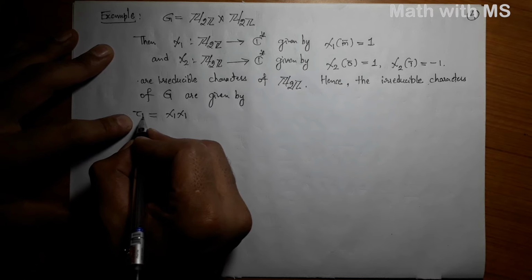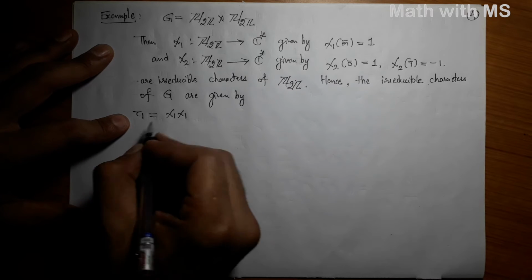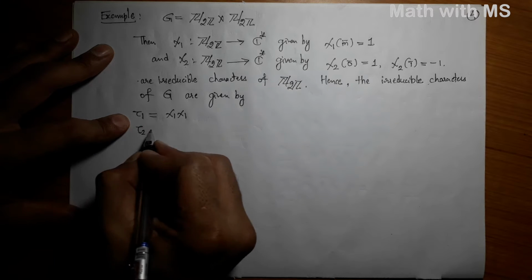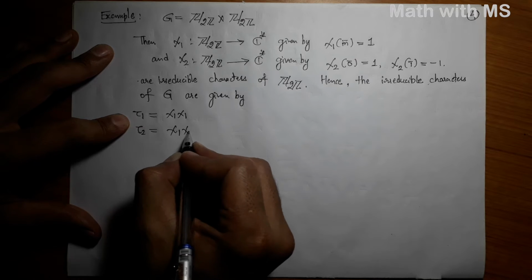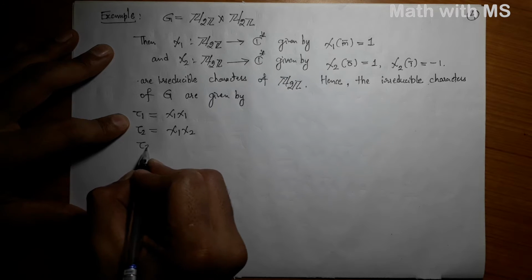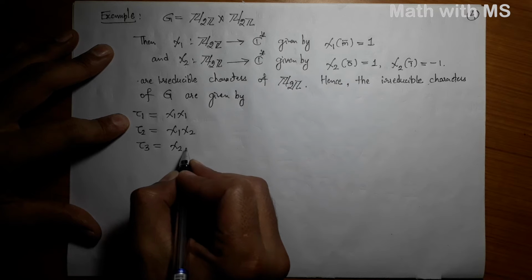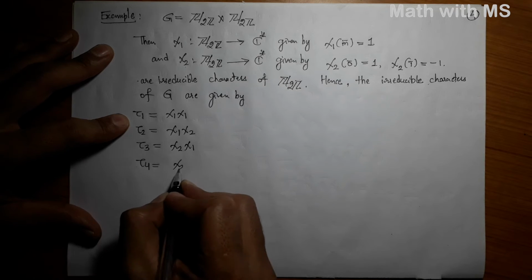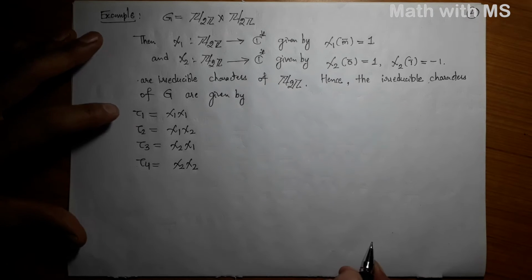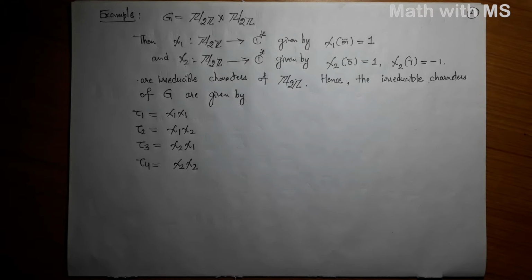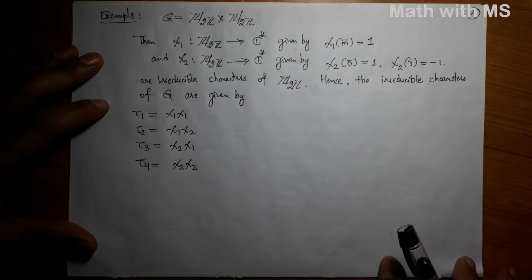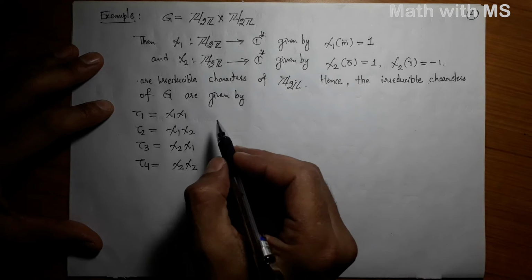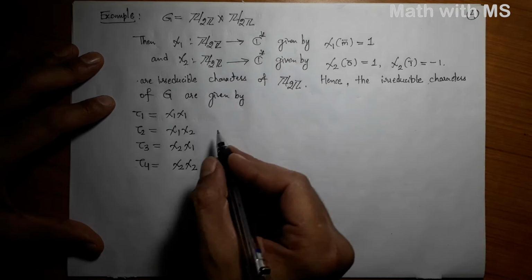So take tau 1 to be chi1 chi1, tau 2 to be chi1 chi2, tau 3 to be chi2 chi1, and tau 4 to be chi2 chi2. So these are all the irreducible characters of the group G. And we can in fact write down the character table.